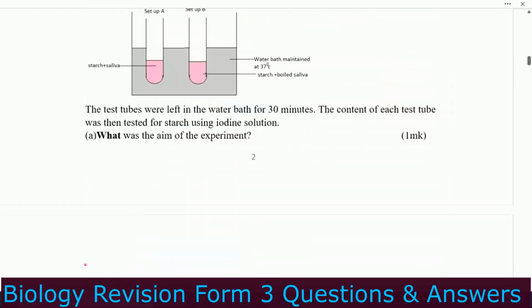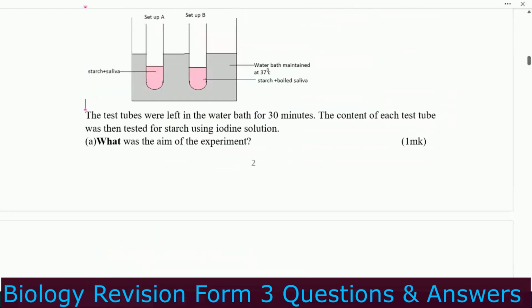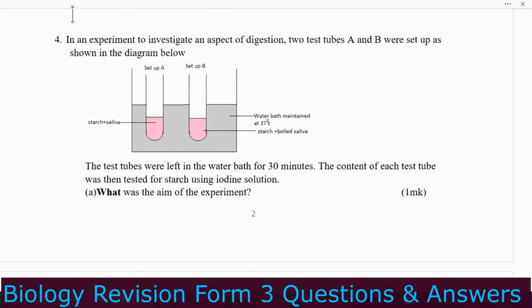Number 4, you can see an experiment here. You are told of an experiment to investigate an aspect of digestion. Two test tubes, A and B, you can see them, were set up as shown in the diagram. Setup A, setup B. You can see starch plus saliva. On the other side, you have starch plus boiled saliva. Then you have a water bath maintained at 37 degrees Celsius.